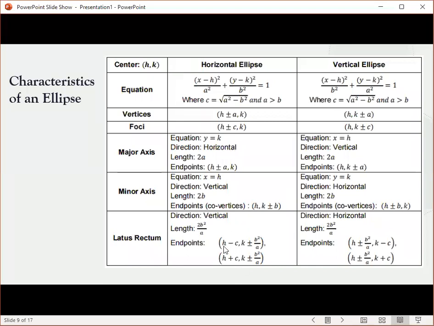So here, for h minus c, you already have two endpoints, one for k plus and another one for k minus b squared over a. The other two endpoints of your latus rectum, you'll have h plus c and k plus or minus b squared over a.